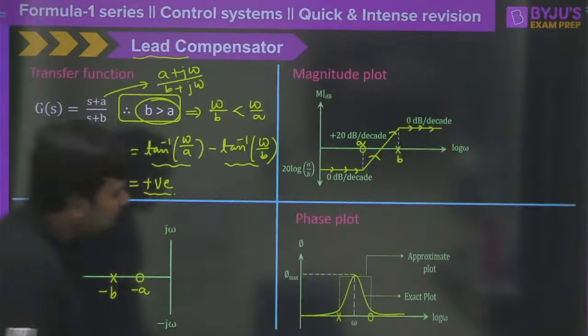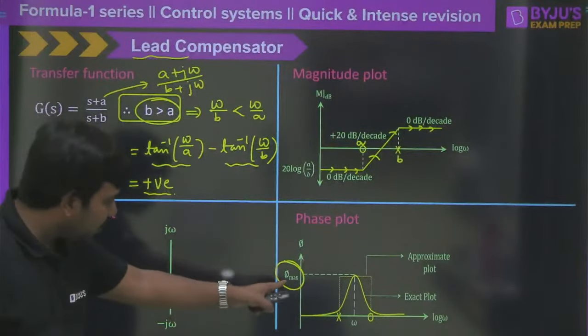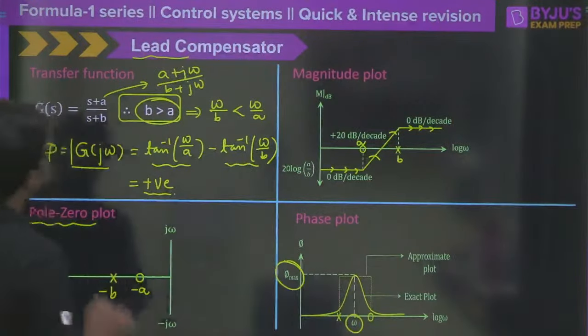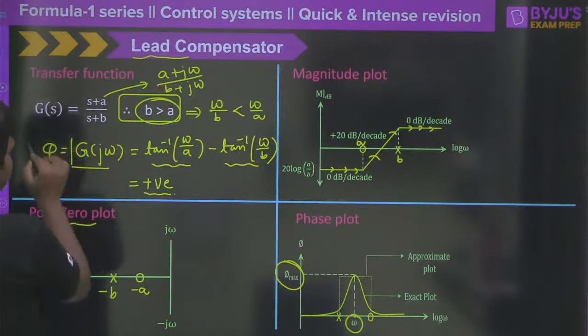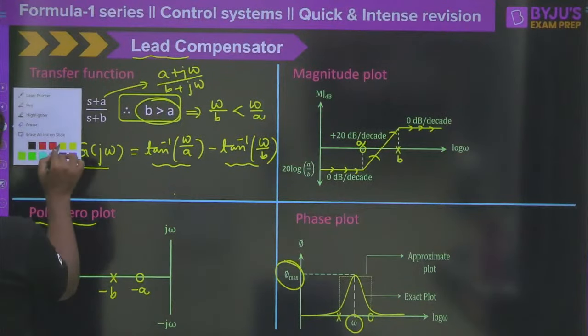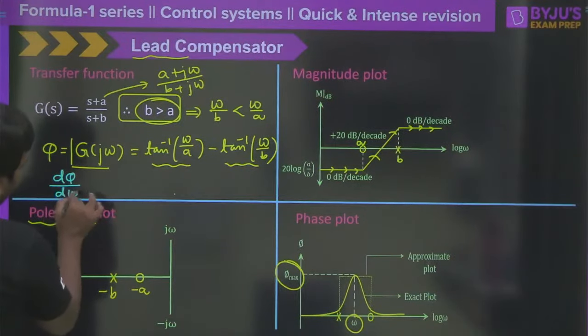So those who want to know how we get the maximum phase for this? If you want to get the maximum phase value at a particular frequency omega, it's simple. We have seen that this is a phase function, right? So then we need to do d phi by d omega, equal to 0.